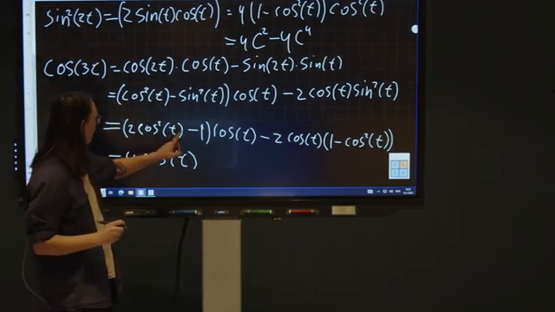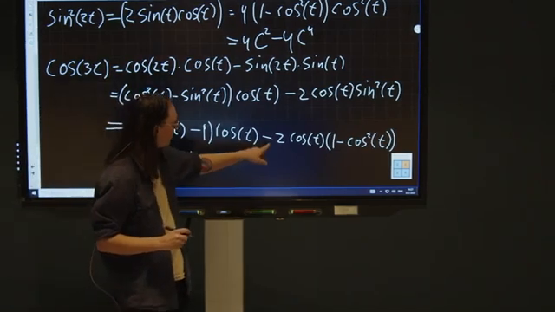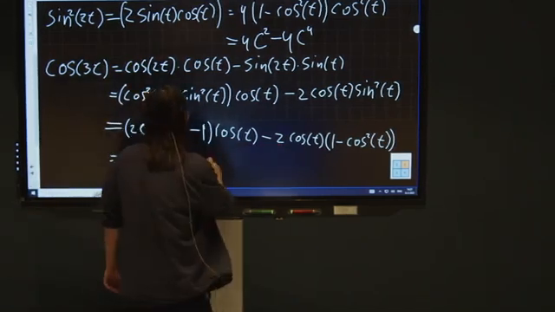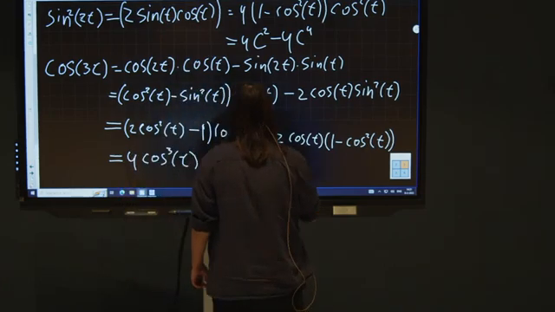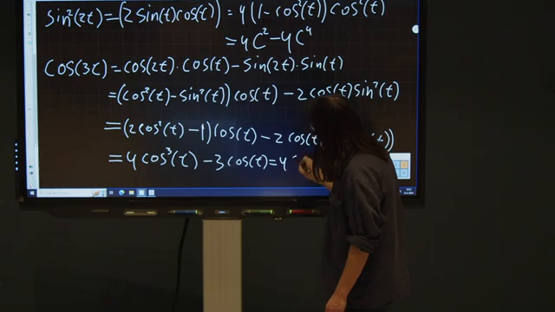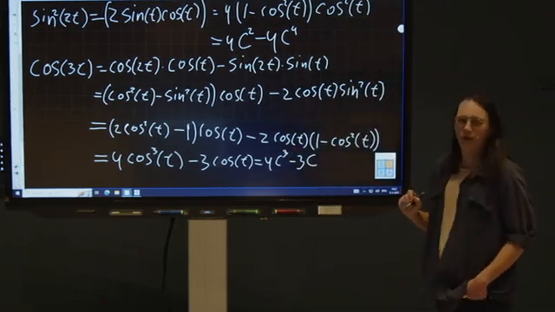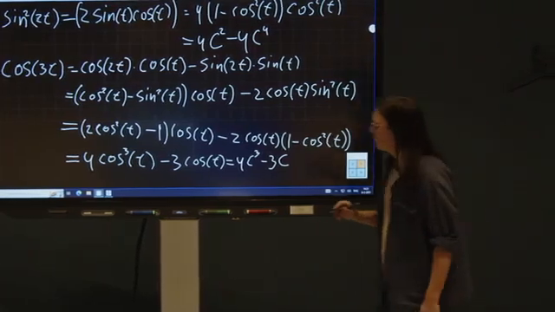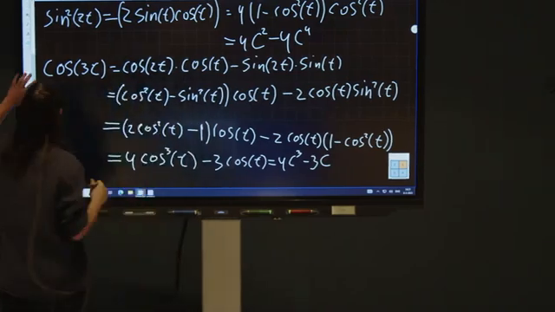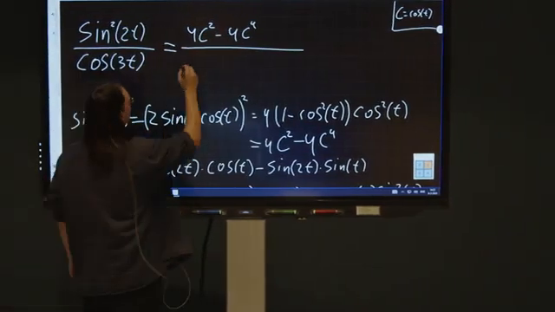And then I get here minus cosine t, and then here another twice the same thing, so minus 3 cosine t. Right, so in terms of c, that's 4c cubed minus 3c. Voila. It takes a bit of doing, but in the end, you get there by just applying your trigonometric identities.